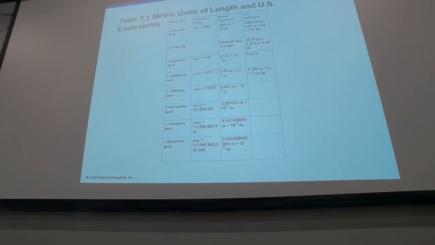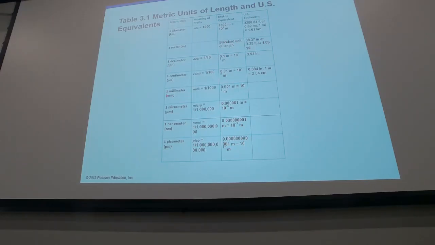In the case of the meter, we have 10 decimeters, so it's basically 10 times smaller. And 1 centimeter is 10 times smaller than the decimeter because we have 10 centimeters in 1 decimeter. And then when it comes to millimeters, we have 10 millimeters in 1 centimeter.